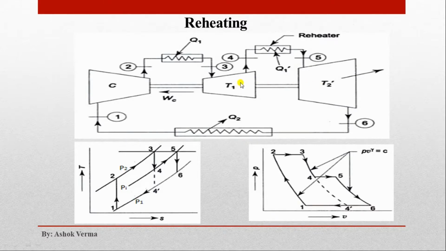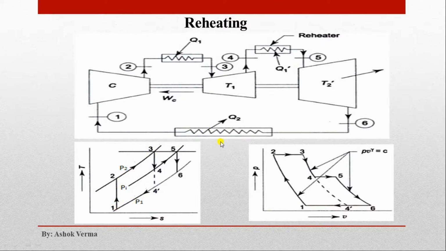The expansion in the first turbine will be till some intermediate pressure between the pressures P2 and P1, which may be Pi, and then after the expansion we will again reheat to a certain point. It may be equal to the previous point, or less, or greater. Then we will expand this in the other turbine till P1, then constant pressure heat rejection, then compression, and then heat addition.